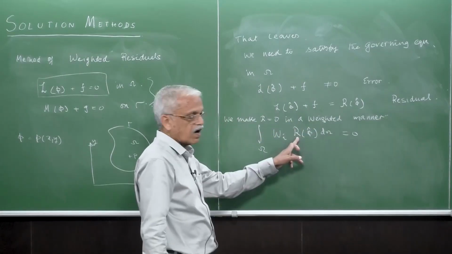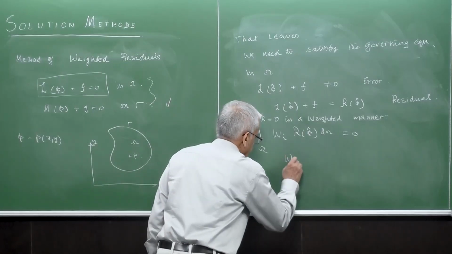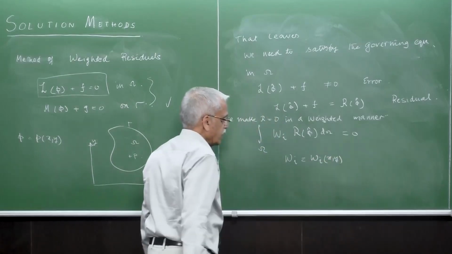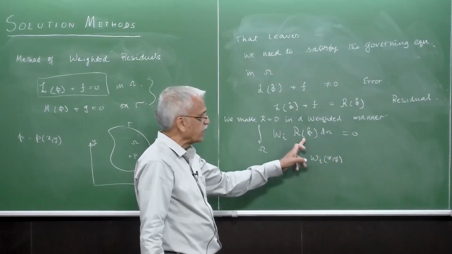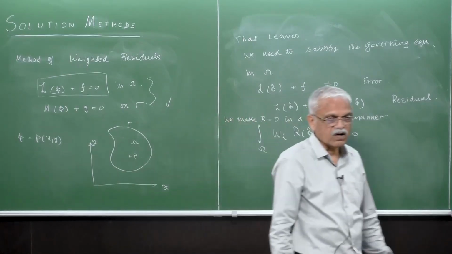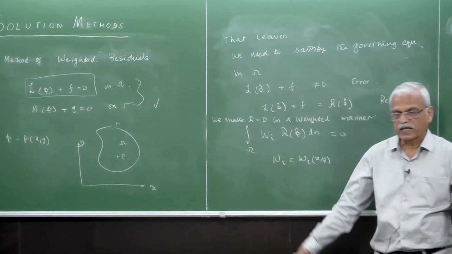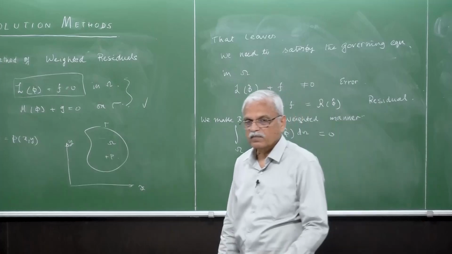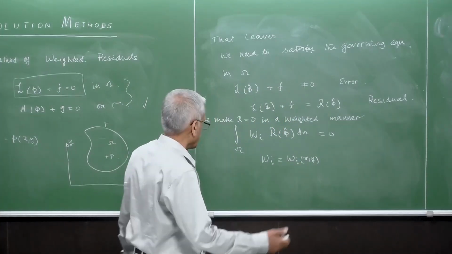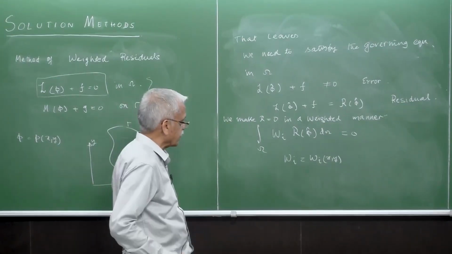It means that this r is being multiplied by w i. w i itself is a known function, let us say of x y, and you are multiplying this residual with the weighting function. You can call it a magnification factor or a weighting factor. It's a known function. If it is equal to 1, you are giving equal weightage; if it is not equal to 1, you are giving some special extra weightage to the residual in certain regions. I'll just explain it to you.